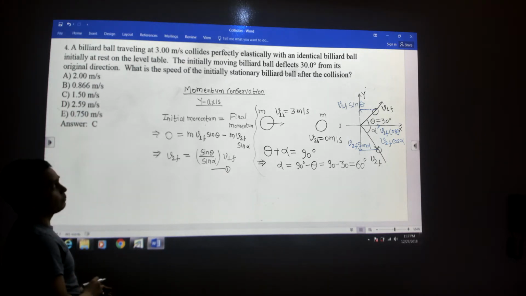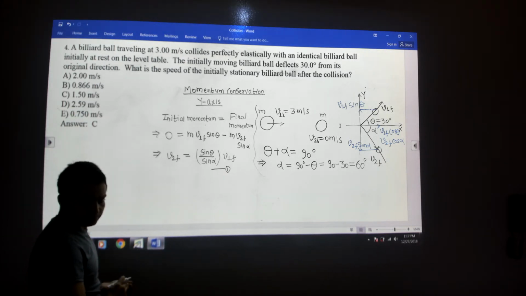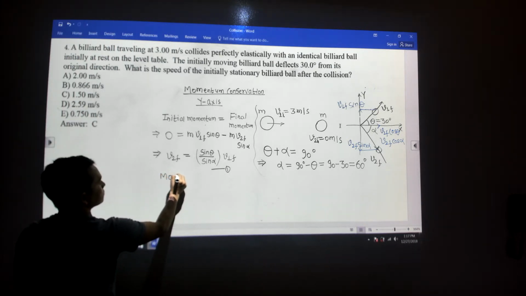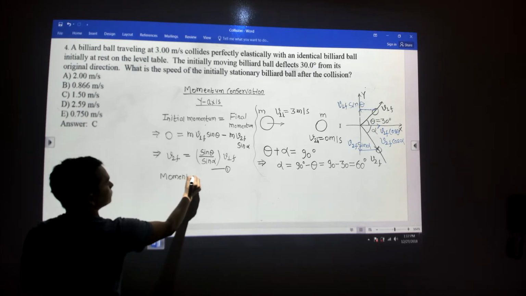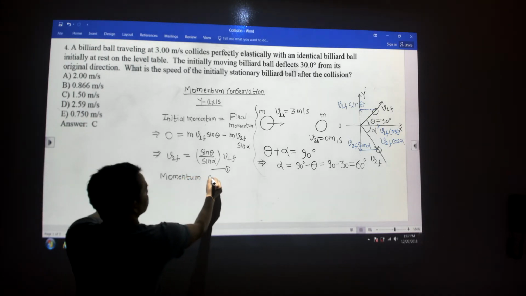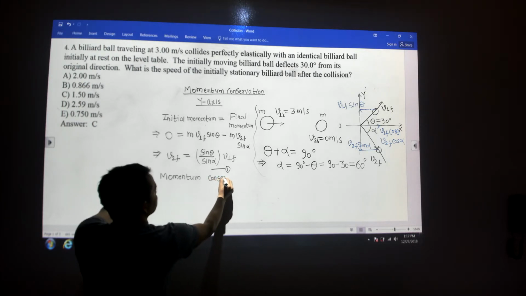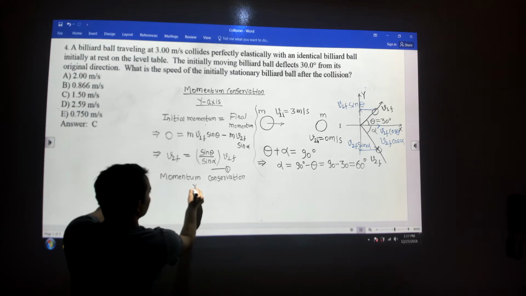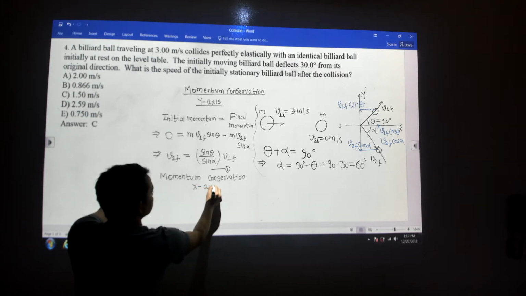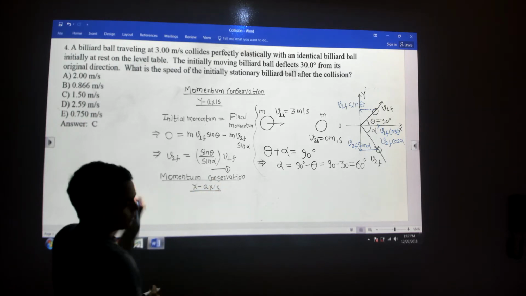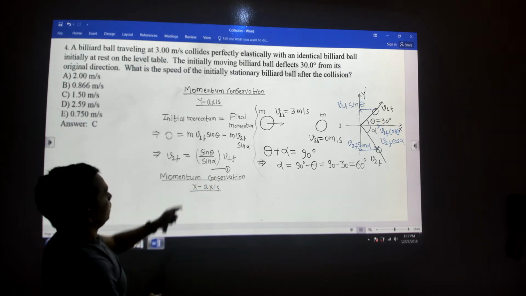Now we apply the conservation of momentum along the x-axis.